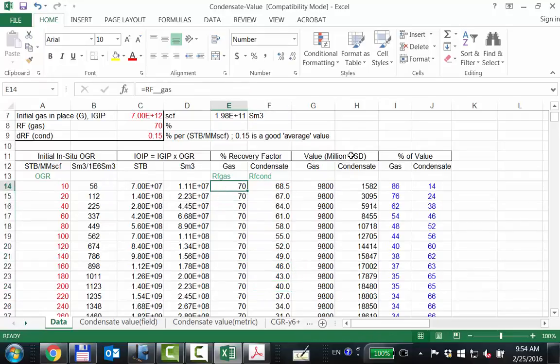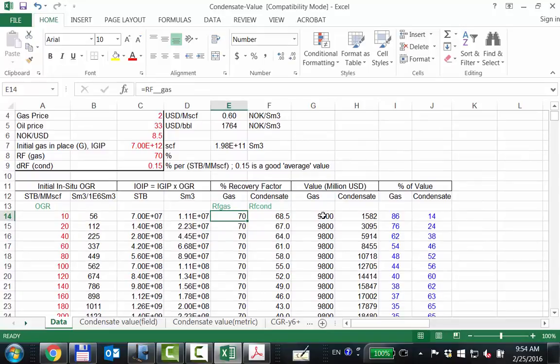So to get the value, and this is not discounted or anything, you should be able to take the value, would be the initial in place times the recovery factor times what? The price? Okay.